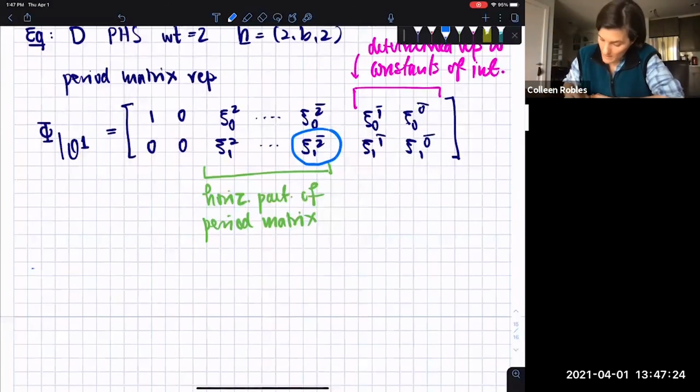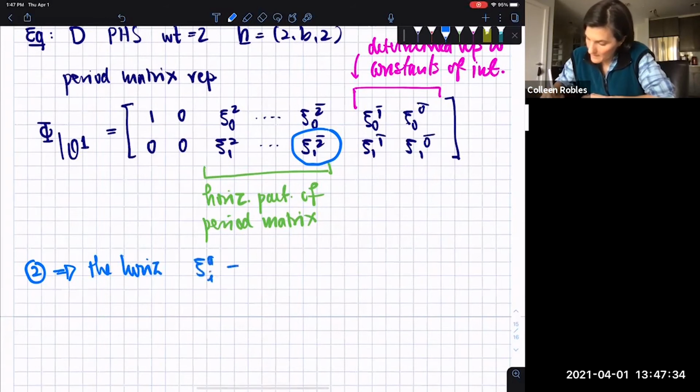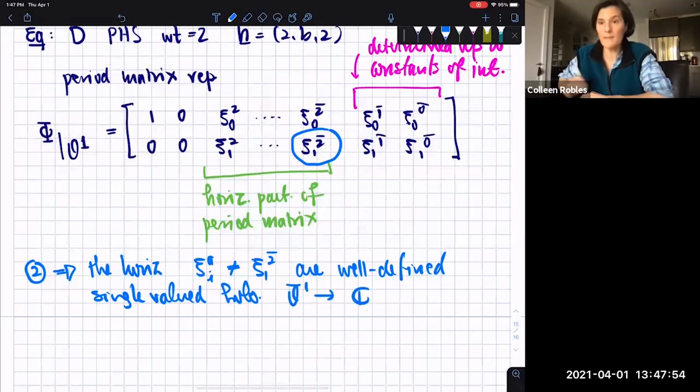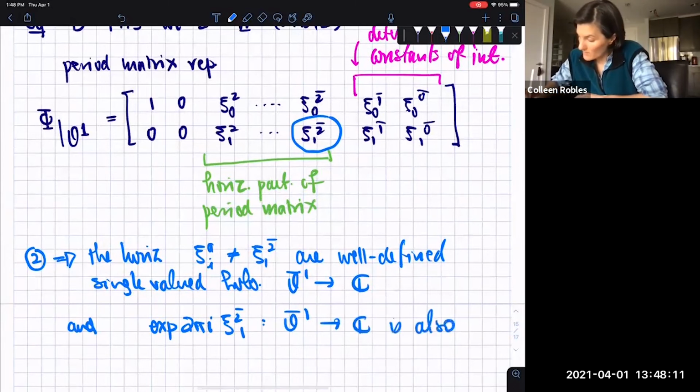So the statement is that this implies that the horizontal c_i that are not equal to this singleton entry are well-defined, single-valued holomorphic functions, O bar 1 into C. And the one that's left, because of the monodromy, exp 2 pi i of it, from O bar 1 into C, is also holomorphic and well-defined.